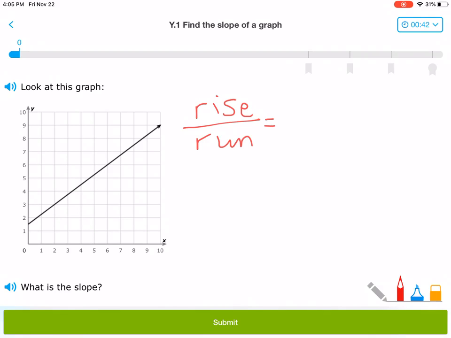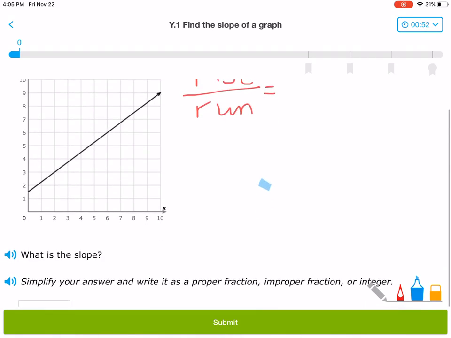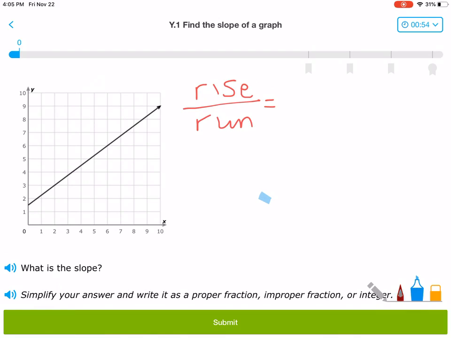Okay, and our rise, when we look at 2 points on the graph, I like to choose some points that show right where the grids cross. So for example, here at 2, you can see that our line crosses right between the two parts of the grid, here and there.